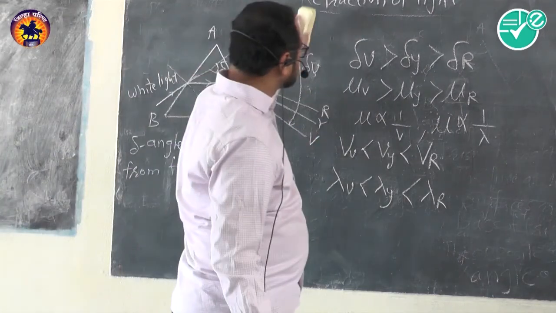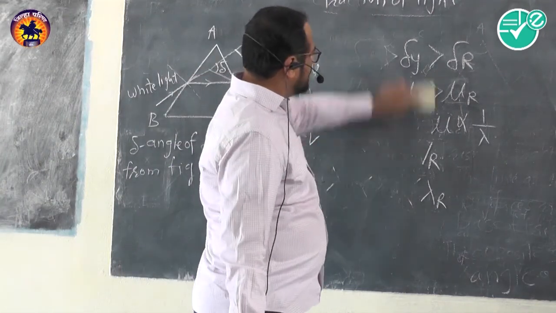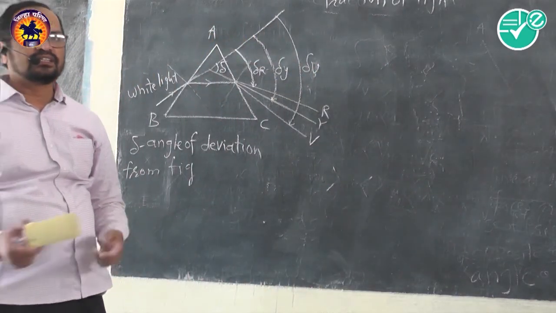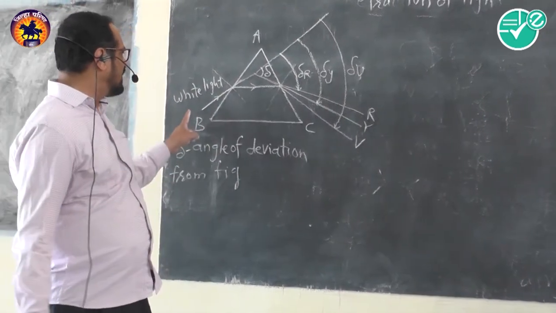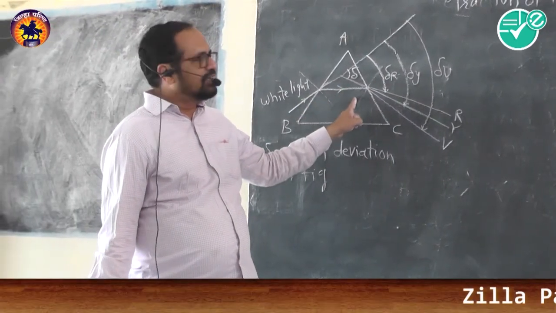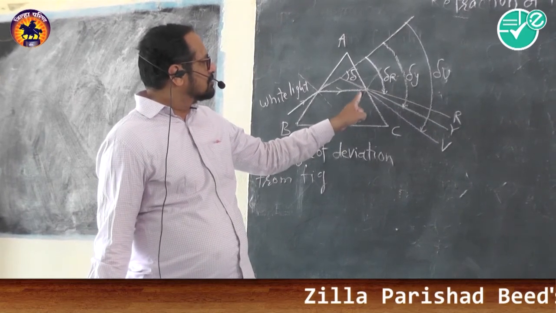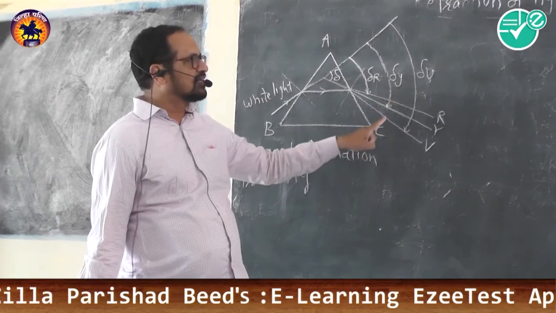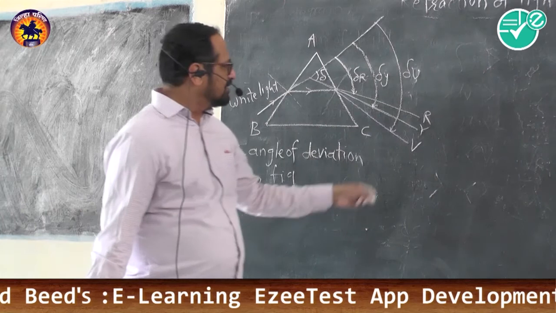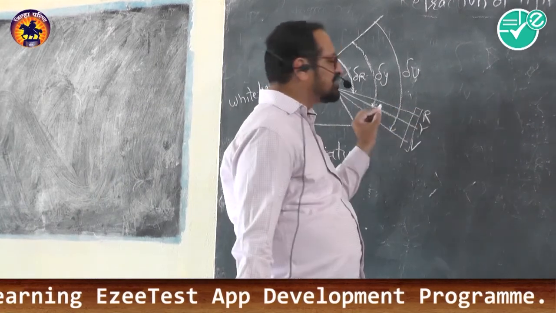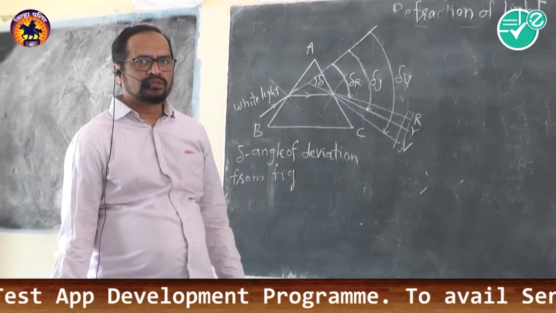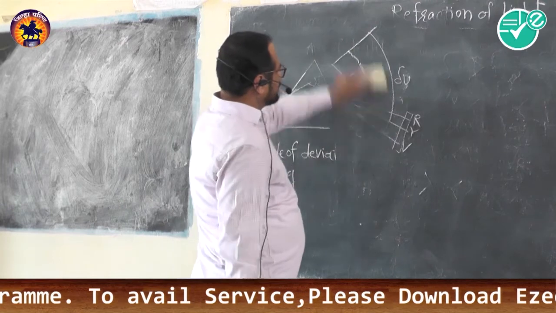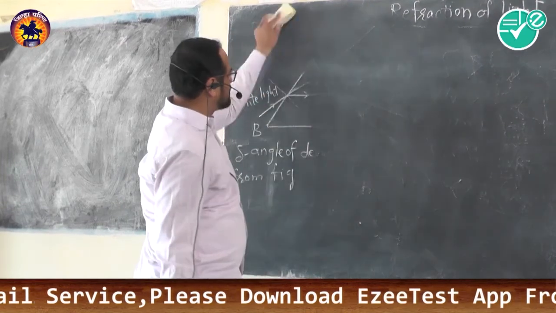The definition is very simple, and you can also understand and study it in 9th or 10th class: when a white light is incident on the prism, it shows the 7 constituent colors on the other side, and this is also called the spectrum of the light. So it is about the dispersion of light. Now next we will see the prism formula.